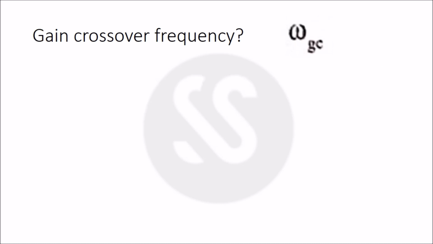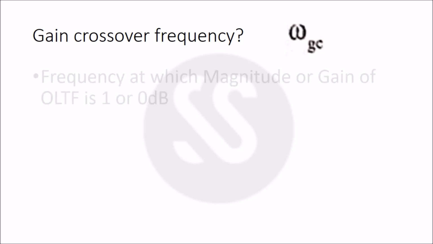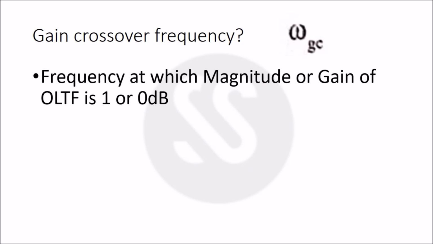Similarly, we have another term called the gain crossover frequency, denoted by omega GC. It is the frequency at which the magnitude, or the gain, of OLTF equals 1. When you convert 1 into decibels, 20 log 1 equals 0 dB. That means either one is correct. So the frequency at which the gain is 1 or 0 dB is called the gain crossover frequency.